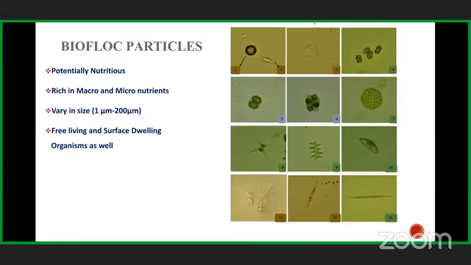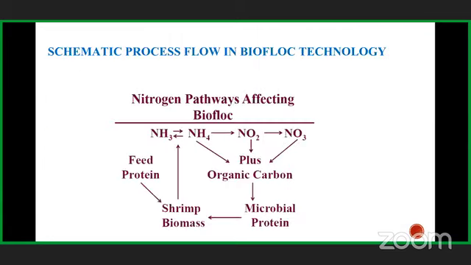Here you can see they are very beneficial, and they have very different sizes. Depending on our species size, they are available all the time. So ultimately it enhances the production. Overall this is the schematic process in biofloc technology.